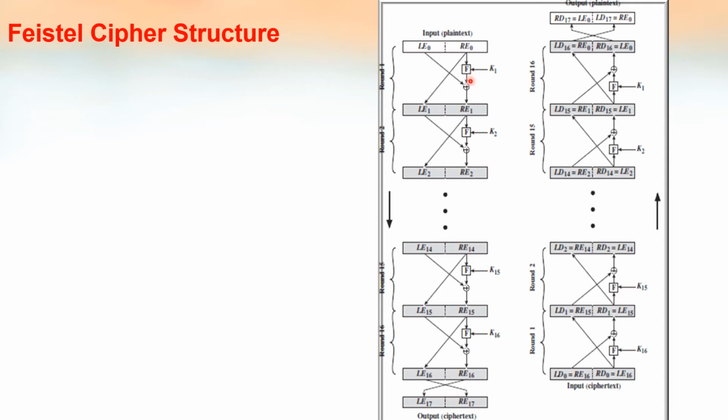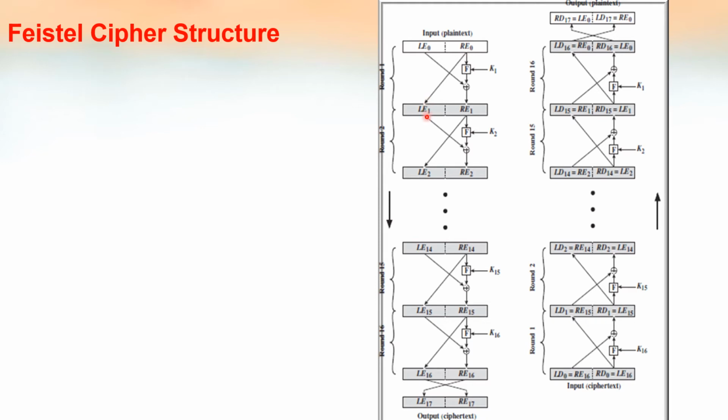The output of that function is given to an XOR with the left half of the plain text, and the output of the XOR is given as the right half for the next round. The left half for the next round is the right half of the previous round.